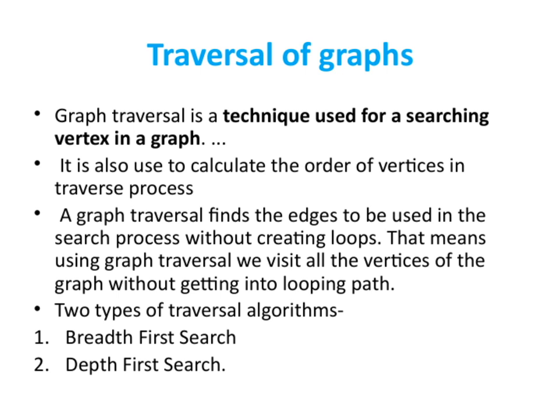One key point to remember is that when we perform a graph traversal, we're essentially identifying the edges that will be used in the search without creating loops. This means that as we visit each vertex, we avoid revisiting nodes in a way that would cause us to get stuck in a cycle or loop. So, in essence, traversal allows us to visit all vertices in the graph efficiently and without redundancy.